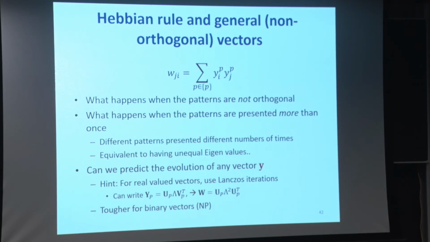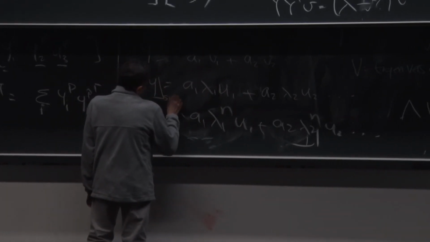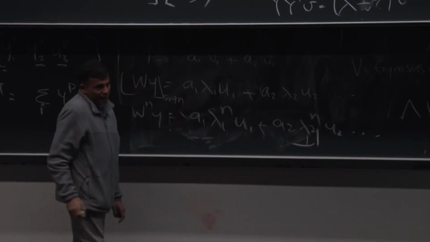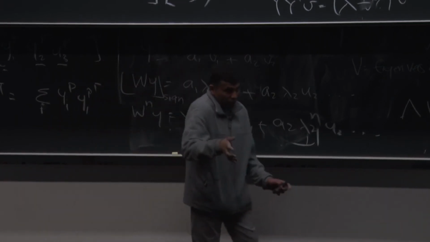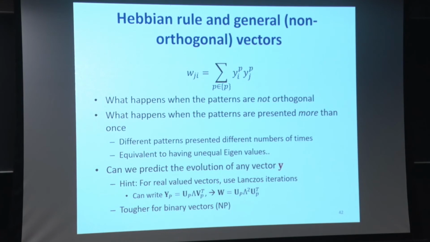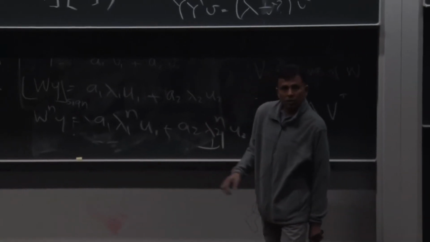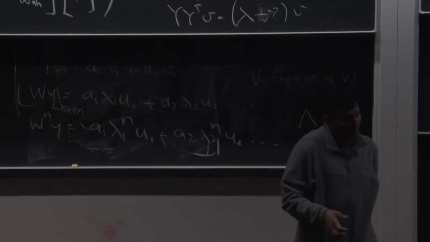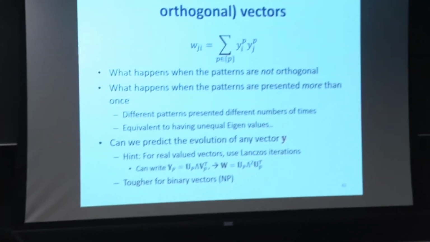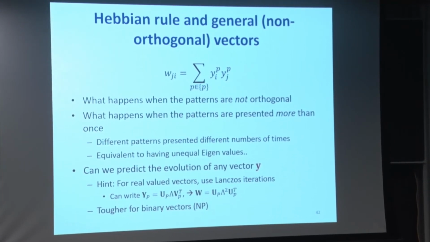But then what really happens is that we are not really doing Wy, we are doing sign of Wy, correct? And so this is still going to collapse in the direction of some of these eigenvectors. Each pattern is going to basically collapse onto the closest eigenvector, or to the signed version of the closest eigenvector. And this is something that you can actually use to construct your W's, right?